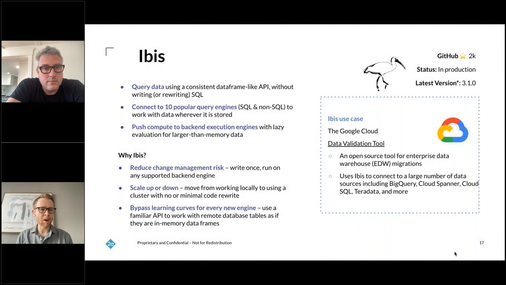So we started this project initially with the idea of building a more Pythonic data frame-like experience for authoring complex analytical query expressions, and then building a number of backends to be able to transpile those expressions into SQL, and to be able to target other non-SQL based execution engines.